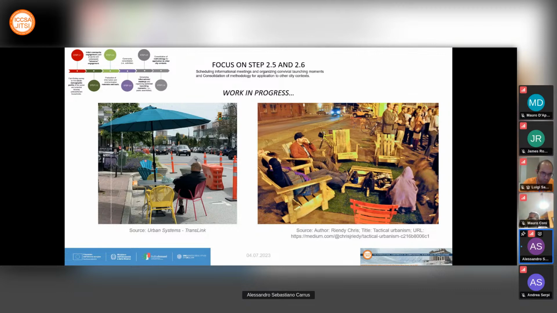Also through the use of a software developed by our research team to simulate the energy function of the community according to the energy consumption of future members and the production of energy from the photovoltaic panels of the community. Once the energy community has started, we will carry out the consolidation of the methodology in order to test it and apply it to the creation of other energy communities in other city contexts.